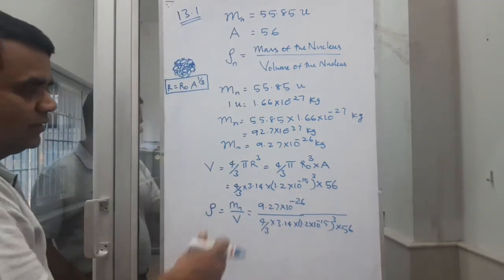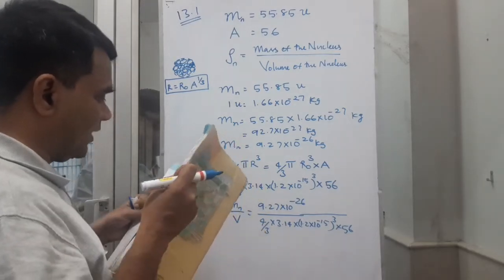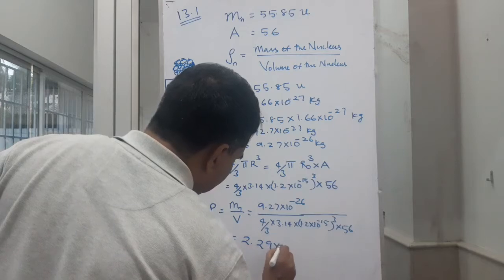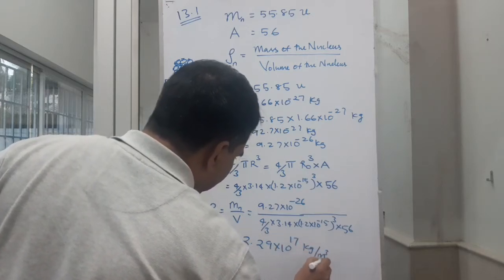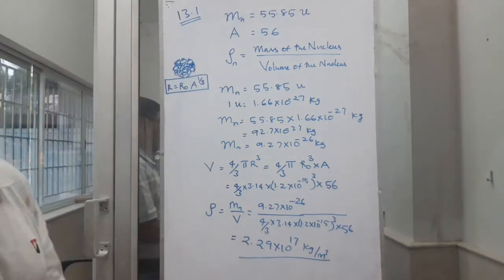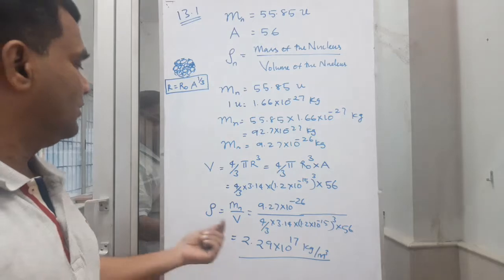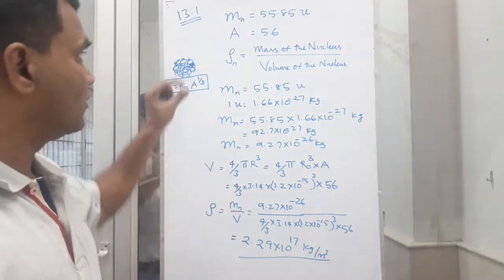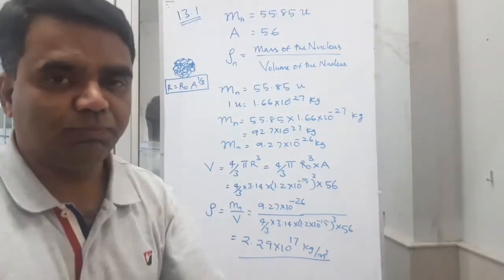And if I do that, this is going to give me this value, 2.29 into 10 to the power 17 kilogram per meter cube. So the density is enormous, and we also said that the density of the nucleus is roughly equal to the density of an individual proton or neutron. So that's what we get.